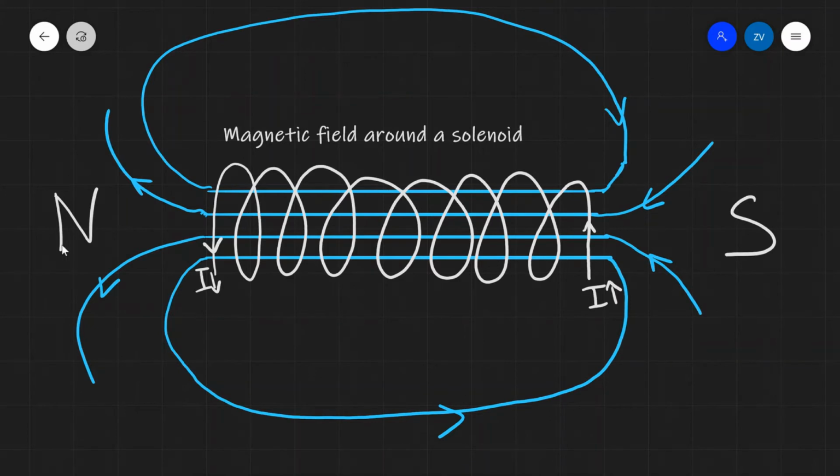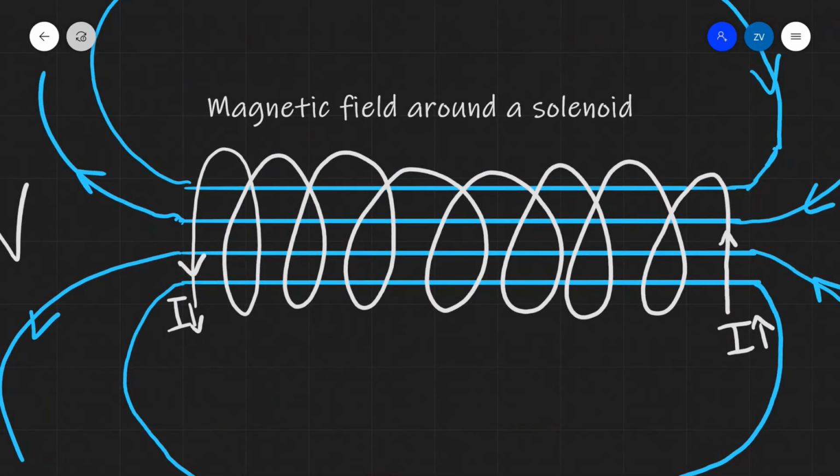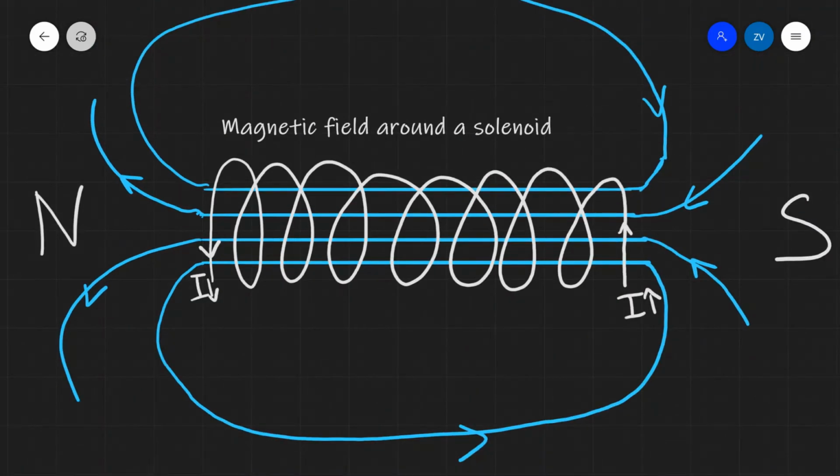What we're going to find out if we were to do that is that the field inside of the solenoid is actually uniform. So this is really important. It is one of the ways to produce a uniform magnetic field. It's not uniform around the edges, as you can see, and the solenoid is going to act as if it had a north pole and a south pole.